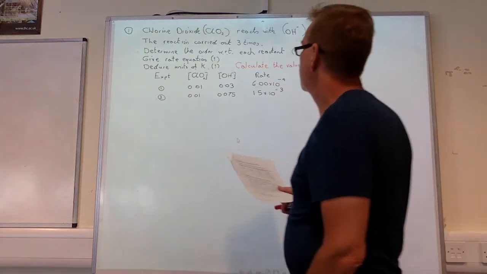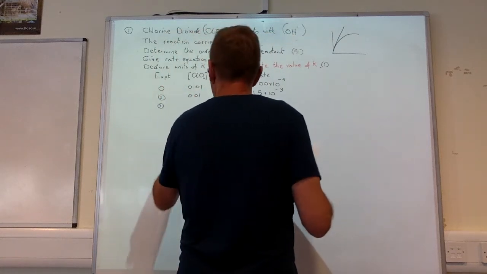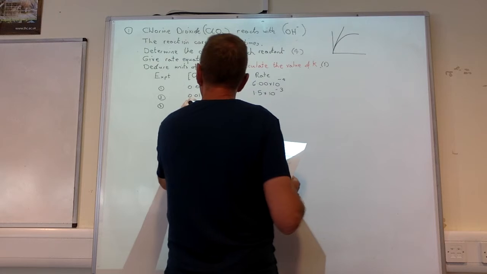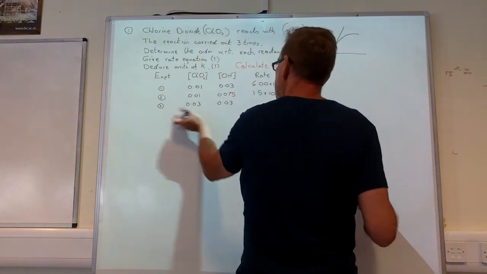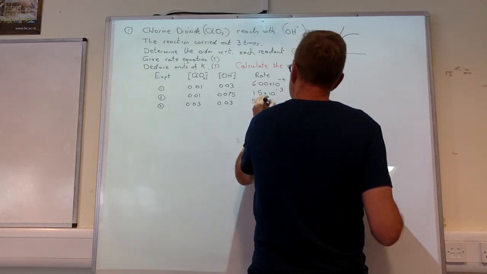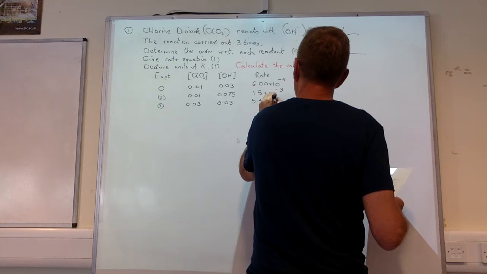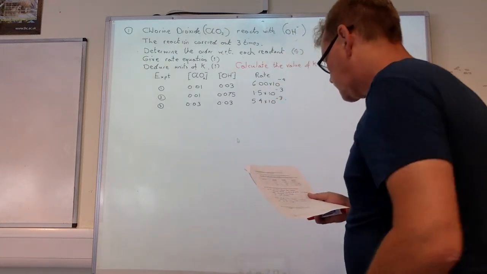Do the experiment the third time: 0.03, 0.03. You just get this in the exam. 5.4 times 10 to the minus 3. Right, there you go.